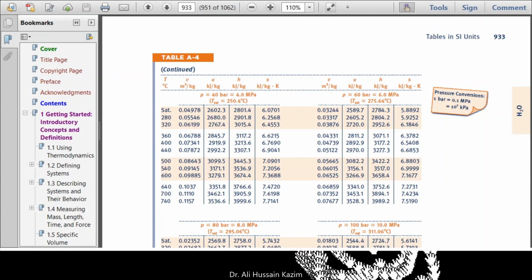So first, the region is superheated because we are using the superheated table to find properties. Next we have to find the specific volume, which is this quantity, and the enthalpy, which is 3192.3. So these are the two answers.